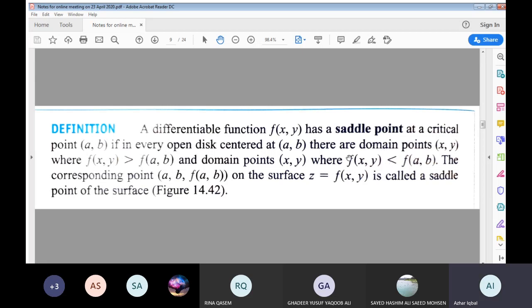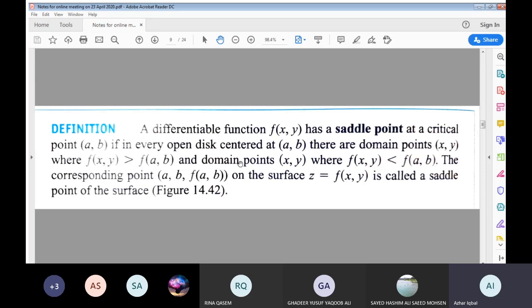So you look at the situation here. In the open disk you are looking into, there are domain points for which the value of the function remains greater than this value. It means that this is a minimum, because the value of the function remains greater than that in that particular open disk.